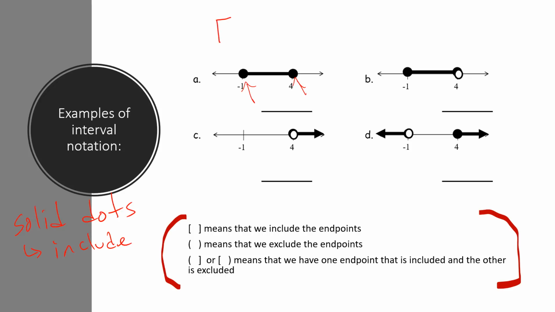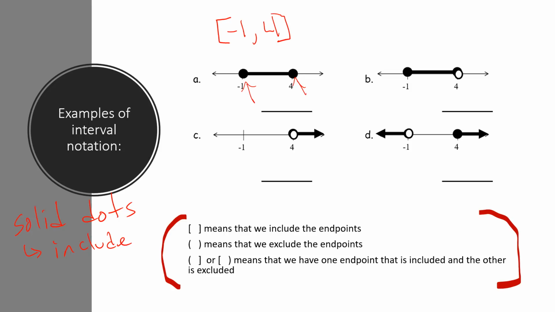So my interval between negative 1 and 4, I would write down as negative 1, comma, 4, and I'm going to use the square brackets there to denote that I am including negative 1 and positive 4 in this interval.